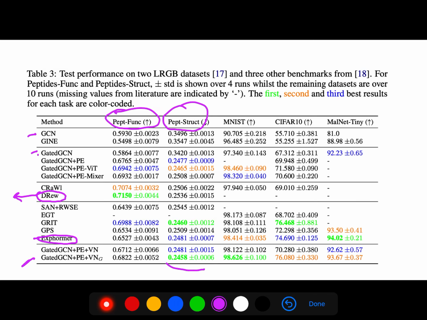Best results are in green. So over 10 runs, you see some variance, plus minus something. And so you see that PEPT struct is much harder. PEPT function state of the art is 68%.